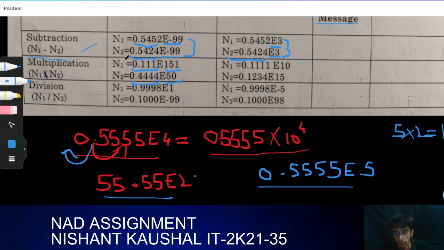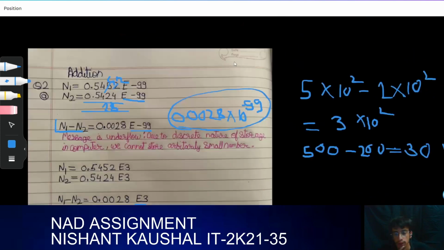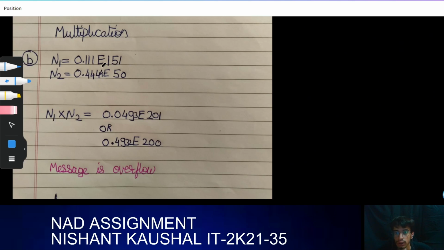So for the multiplication data, the operation will be 0.111 e151 into 0.4444 e to the power 50.